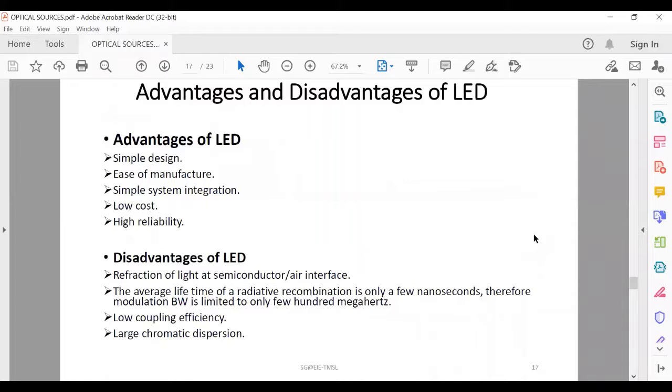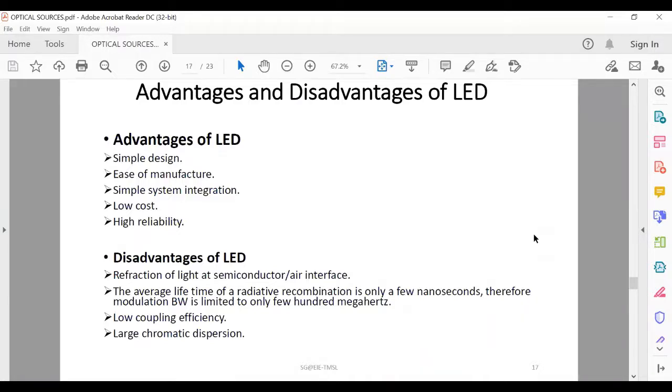So, the different advantages and disadvantages of LED. There are lots of advantages: it has a simple design, the manufacturing process is very easy, system integration is easy and simple, not very complex, it has low cost, and high reliability. But there are certain disadvantages also, like refraction of light at the semiconductor and air interface.